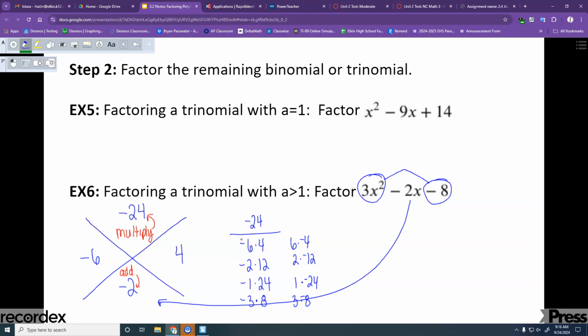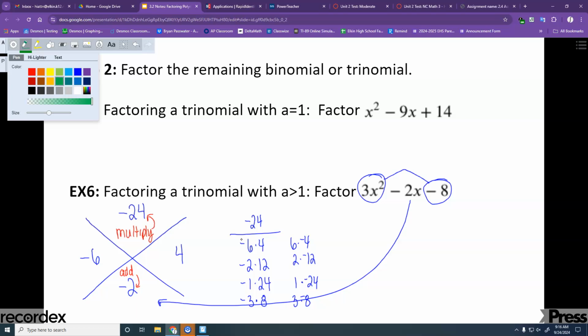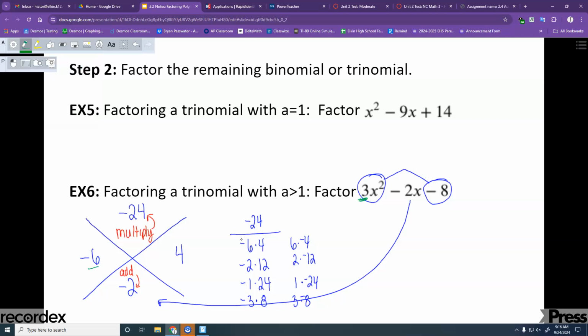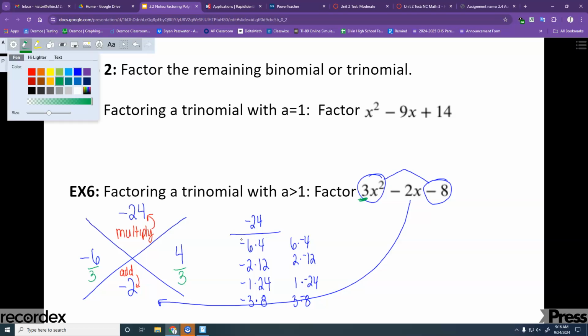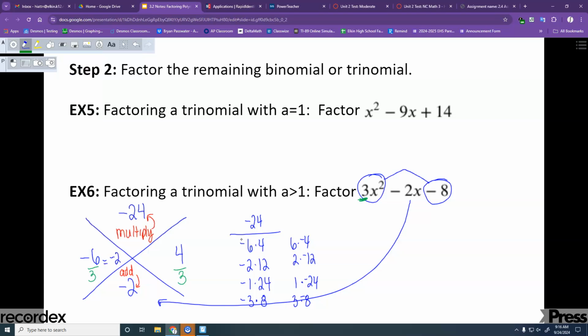Now, the trick for X method is that at the end, you have to divide by this number right here. So we divide by 3 right there. And so for this part, negative 6 divided by 3 is going to give us negative 2.